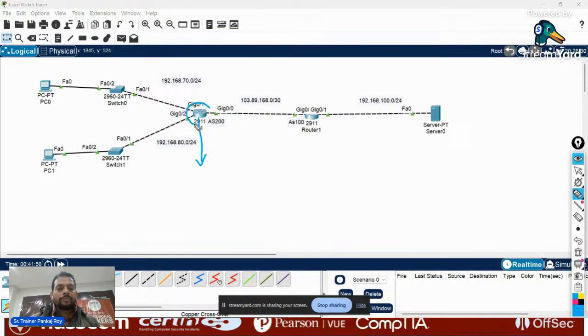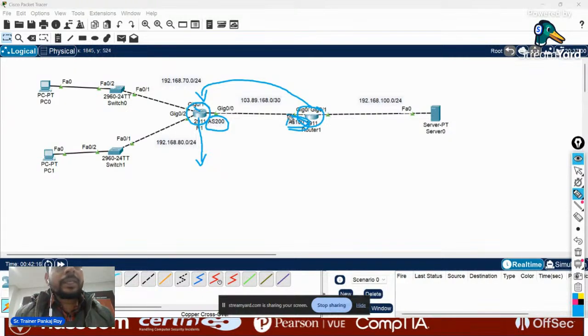This router knows its own traffic, but this router's traffic it never knows. This AS is remote, AS 200, and this router is remote AS 100.